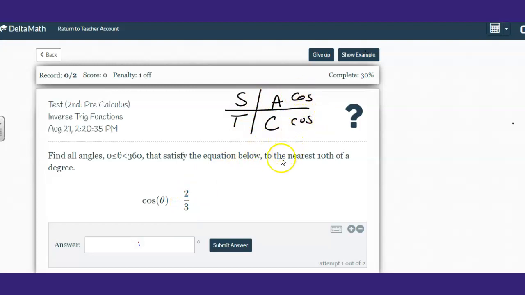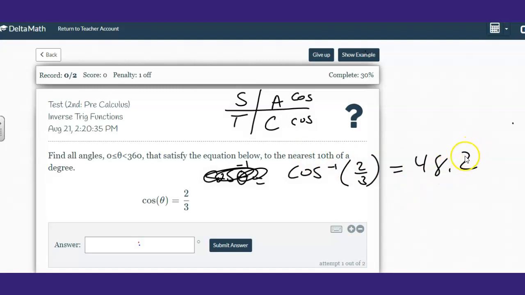Here's how I'm going to do it. First I'm going to find cosine inverse of 2 over 3. When I punch that in my calculator, cosine inverse of 2 divided by 3, I'm going to get 48.2.